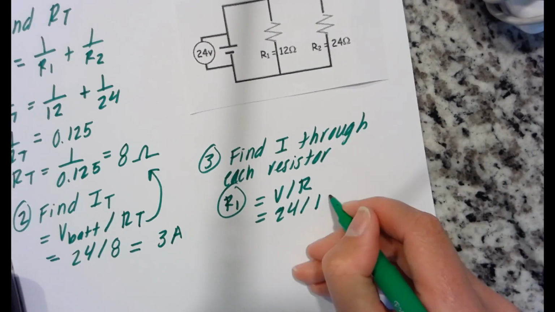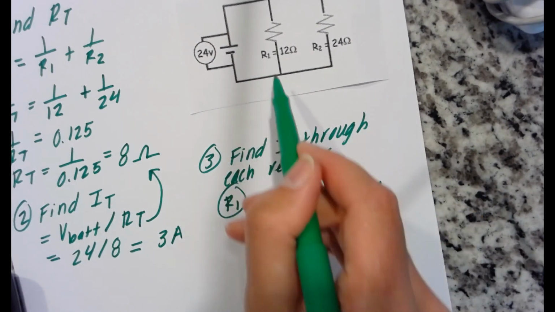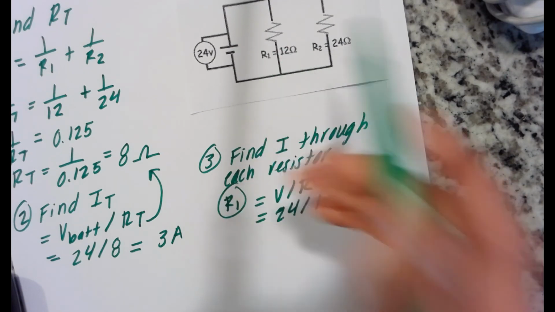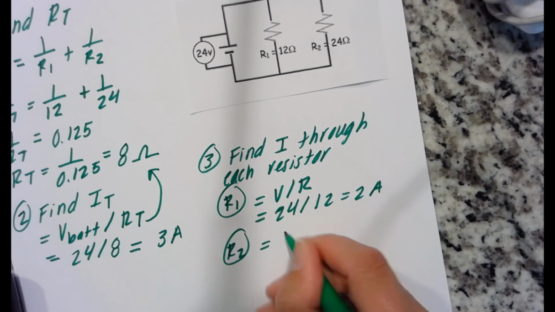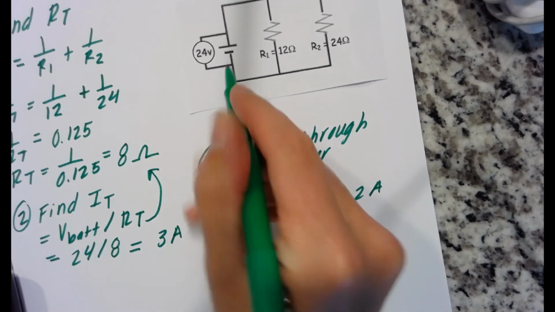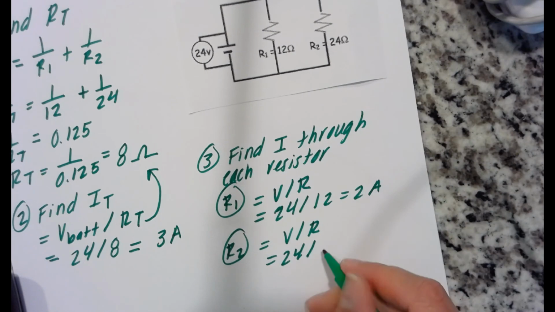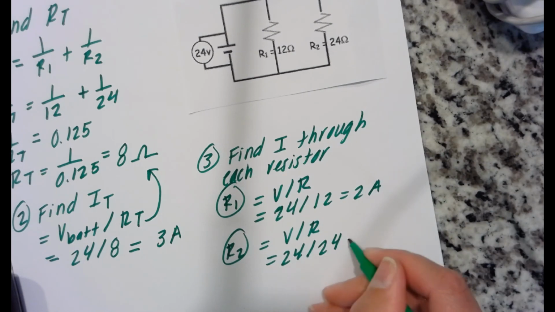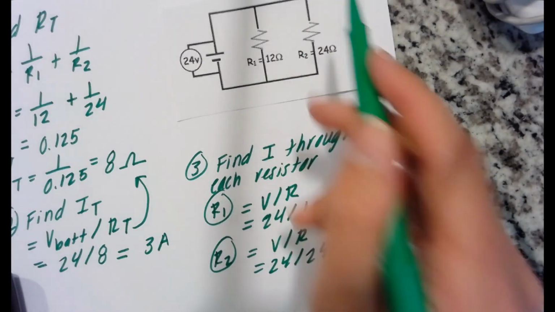So 24 divided by 12 gives me 2 amps of current running through this pathway. And now for resistor 2, I'm going to divide the voltage of the battery, 24, by the resistance, which is 24. That gives me a current of 1 amp running through this pathway.